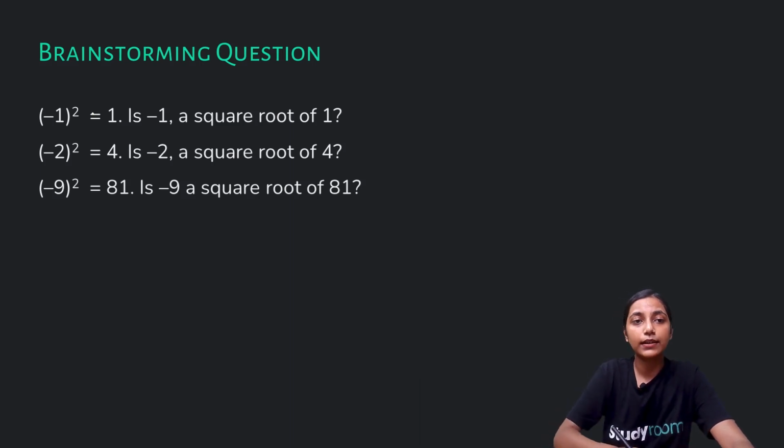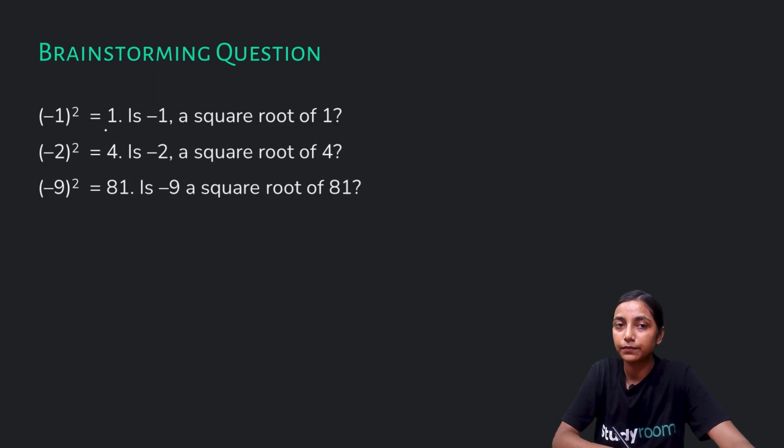What's now given to us is that minus 1 square is 1. Then is minus 1 a square root of 1? Or if minus 2 square is 4, then is minus 2 a square root of 4? And if minus 9 square is 81, is minus 9 a square root of 81? These are the questions and you have to think about them, because finding square root is the inverse of squaring a number. So if we square minus 1, we get 1.